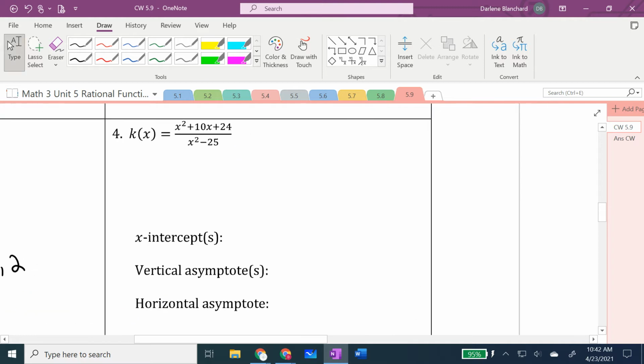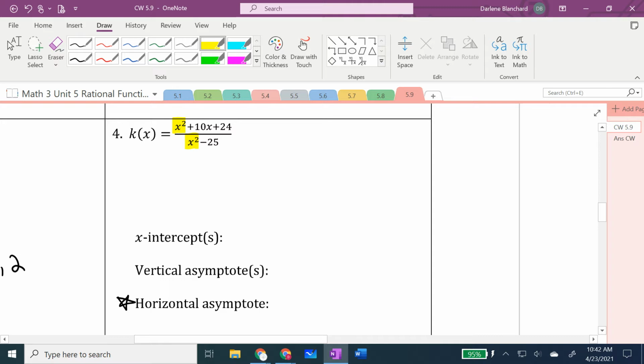Number 4. First, horizontal asymptotes. Are the degree of the numerator and denominator the same? That means that it's a ratio of the leading coefficients. So what I'm going to do is highlight the entire leading term.